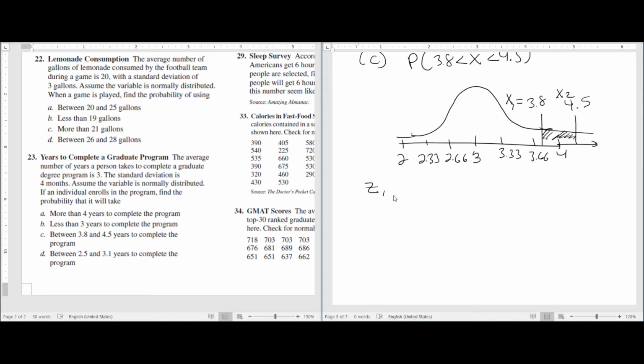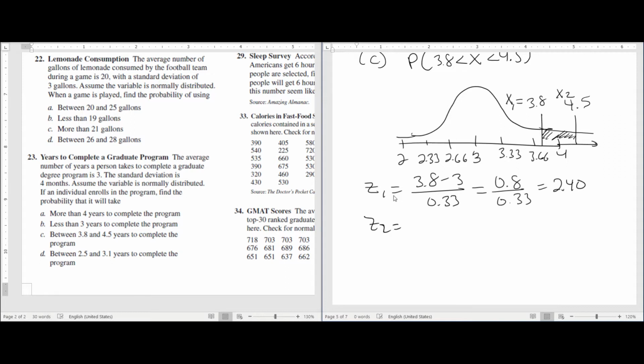So we're going to calculate z1, which is 3.8 minus the mu over the sigma, which is 0.33. So you get 0.8 over 0.33, and you would get 2.40.